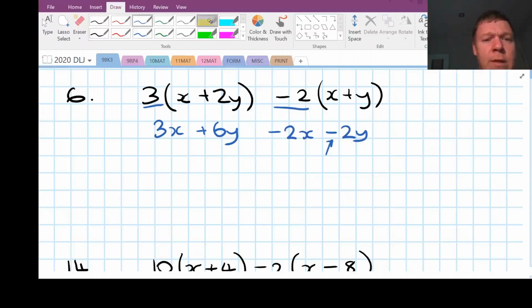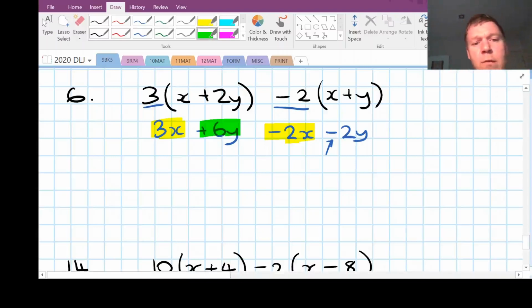Okay, let's put these together. So we've got 3x over here can be combined with a negative 2x. Those are like terms, right? And then we've also got 6y can be combined with negative 2y.